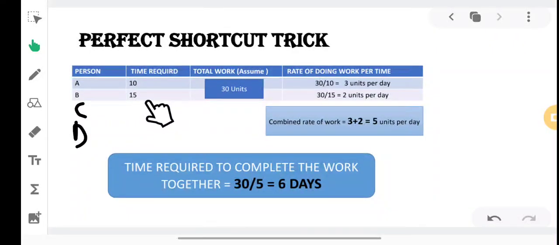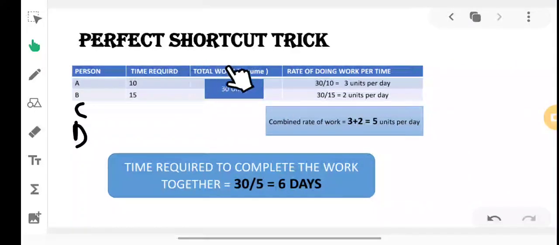In the second column I mention the time required for the person to do the whole work. In the third column, we can assume any number as the total work. For example, manufacturing a chair. A requires 10 days to manufacture 30 units of chair and B requires 15 days to manufacture 30 units of chair.